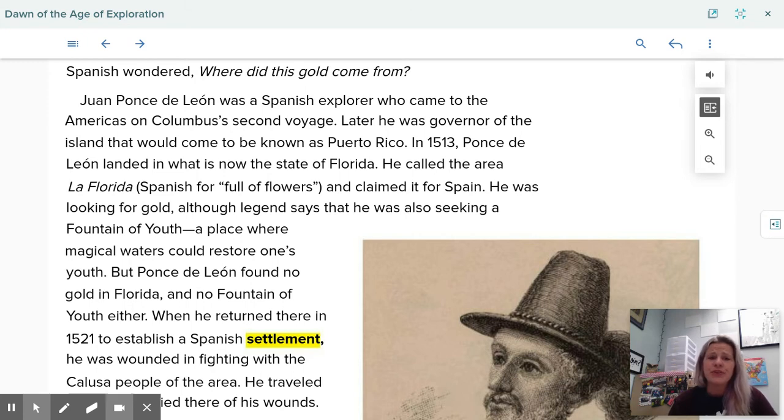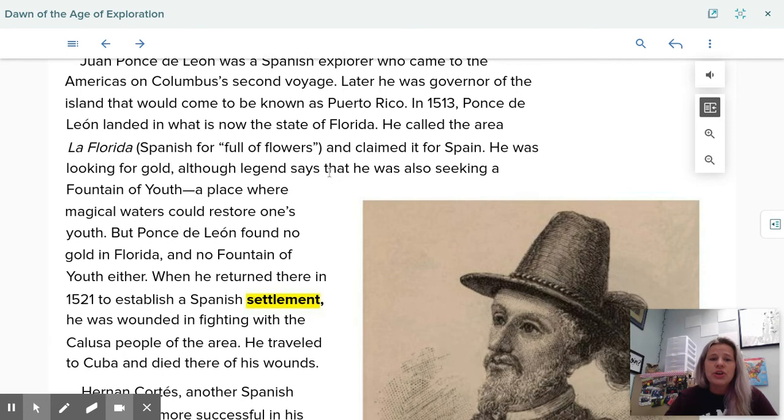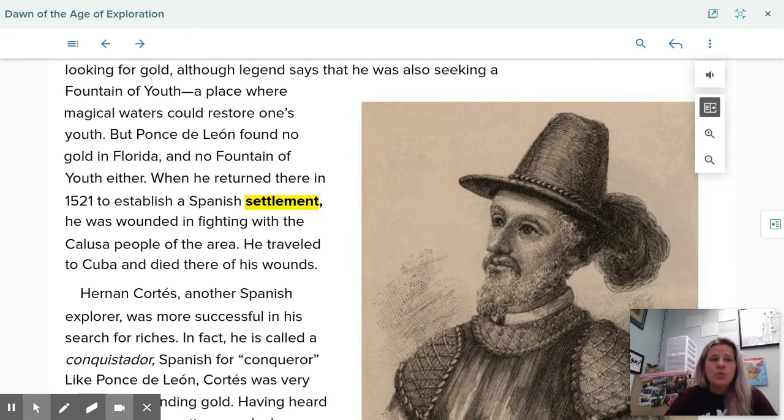He was looking for gold, although legend says that he was also seeking a fountain of youth, which is a place where magical waters could restore one's youth. But Ponce de Leon found no gold in Florida and no fountain of youth either. When he returned there in 1521 to establish a Spanish settlement, he was wounded in fighting with the Calusa people of the area. He traveled to Cuba and died there of his wounds.